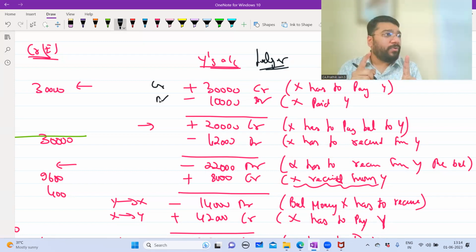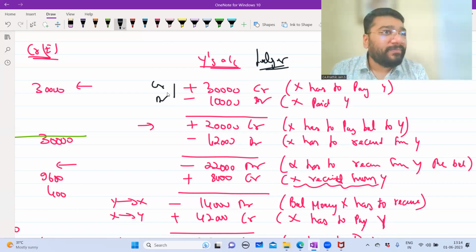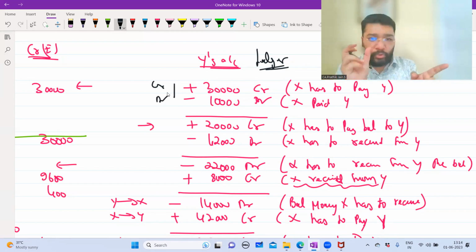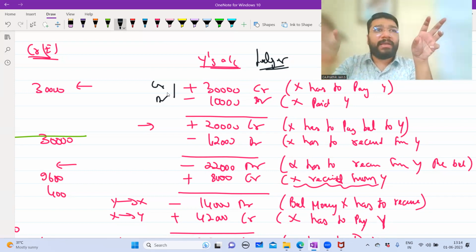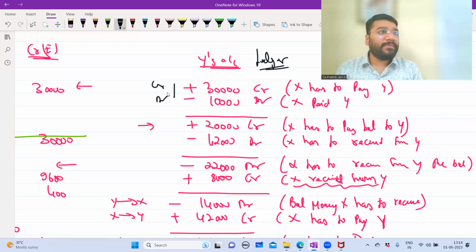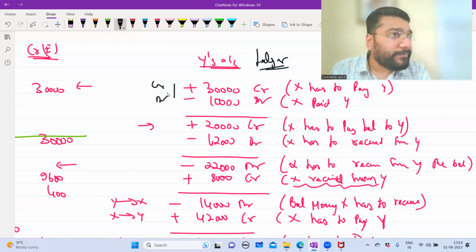It will take some time. To avoid wastage of time and to do the balancing faster, I did it in the statement format. You can do it in ledger format also, but then one amount goes in debit, another in credit, and I have to keep balancing. To avoid that, I did it in statement format.